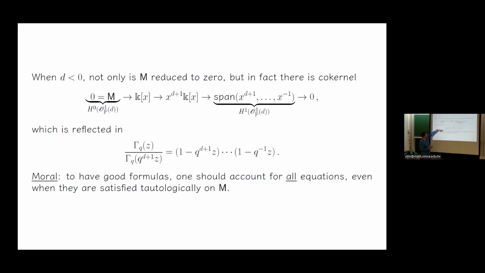And so similarly here, if you want a theory in which this sort of formula is true whether d is positive or negative, then you should not just worry about the moduli space M, but also worry about all equations that define it, including maybe those that are satisfied identically. If some equation is satisfied identically, that is geometric somehow. That's a generalization of the situation where you impose an equation, but in fact it's automatically true. There's a cokernel here.